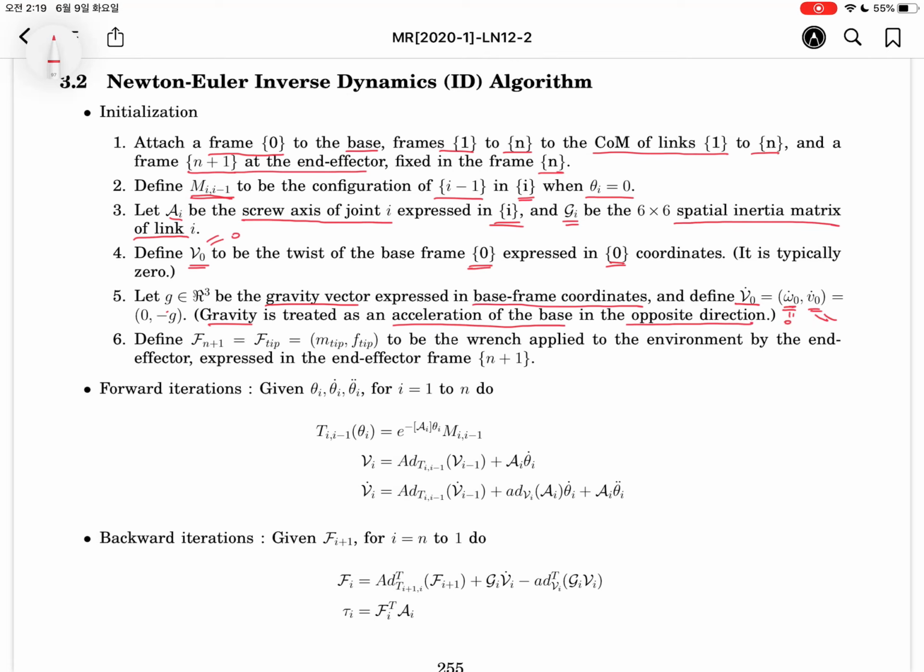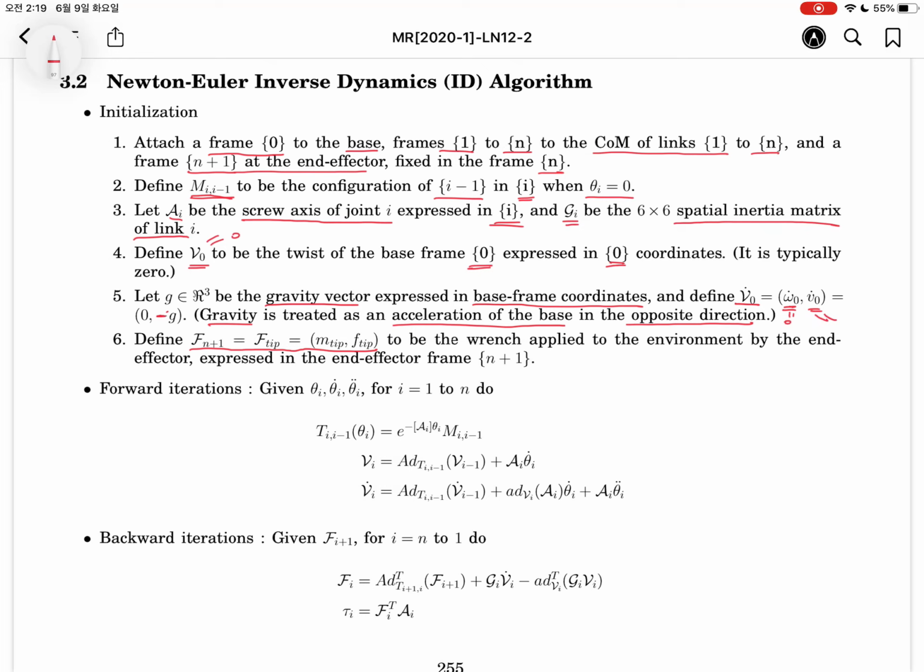In many cases, we choose the gravity vector as downward, so negative is normally used. And then the end effector wrench, Ft, the moment and the force, is given by the environment. So it will be used to obtain the F_i in the backward iteration stage.